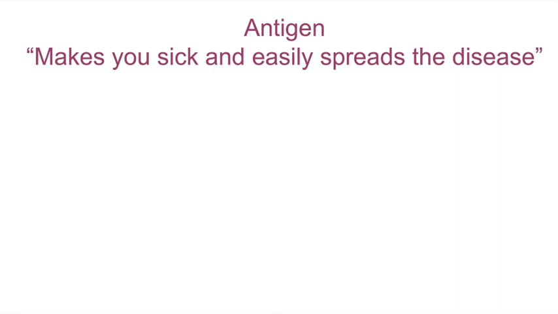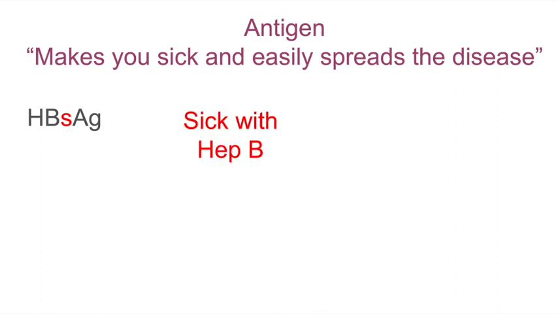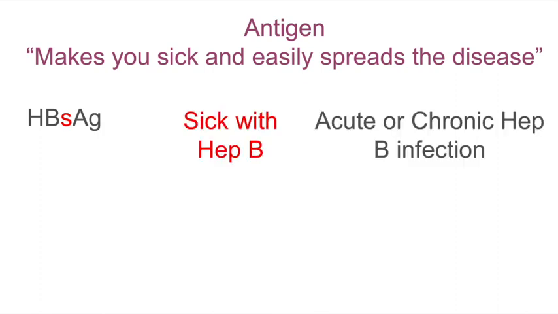So the hepatitis B surface antigen, that means that you are sick with Hep B. This sickness could be either due to acute or chronic hepatitis B infection. Hepatitis B E antigen means that you easily spread the disease.